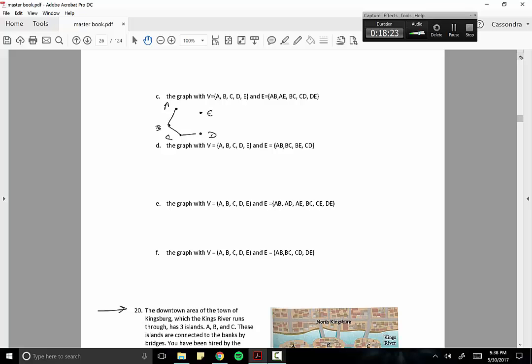None of these are bridges. No edges are bridges. Because if I remove this edge, I still have a picture that looks like this. A, B, C, D. Oh, I erased the wrong one.